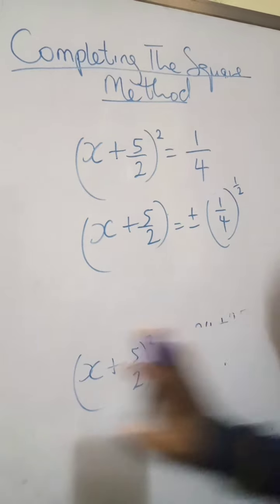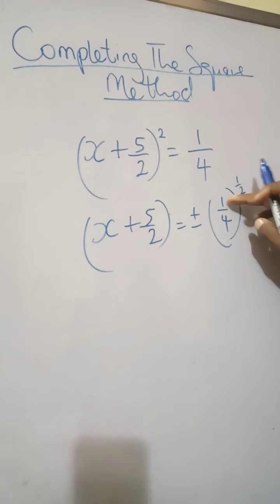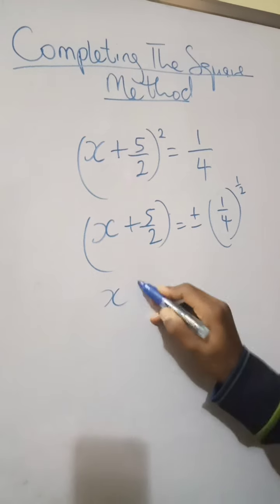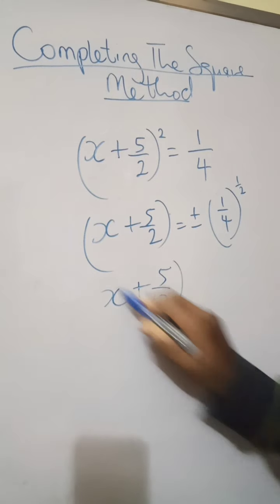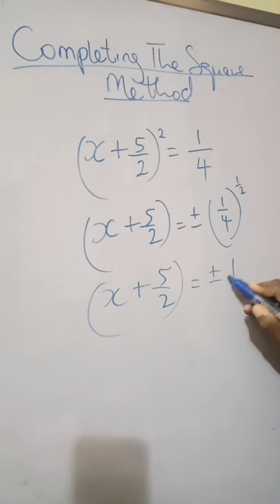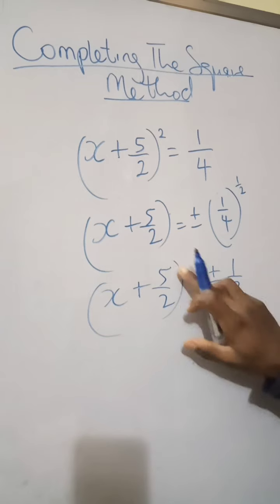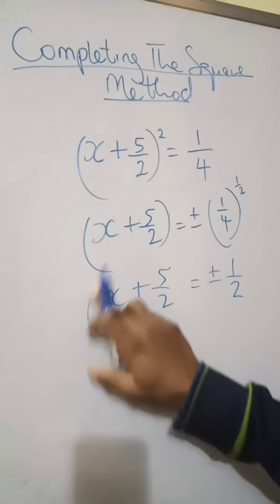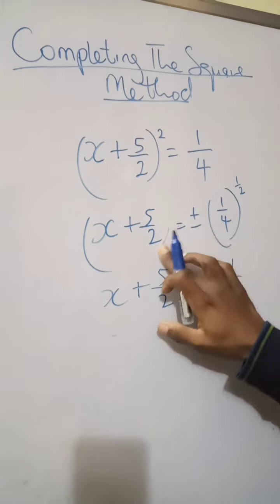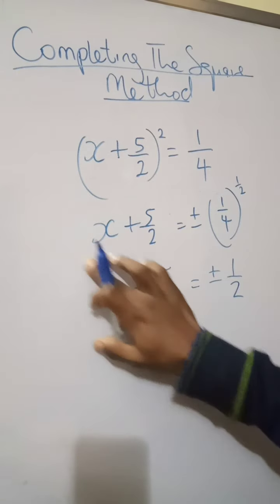So if we take the square root of 1 over 4, we're going to have 1 over 2. Now the bracket is not necessary right now.